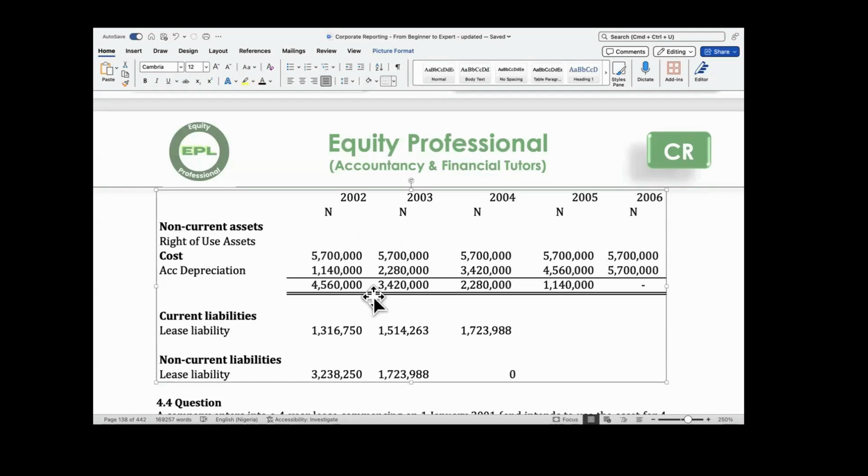While the accumulated depreciation in year one is the year one depreciation. In year two, it is the cumulative. In year three, it is the cumulative of year one, year two, year three. In year four, cumulative of years one to four. In year five, you see everything nets out. That's how accumulated depreciation works.